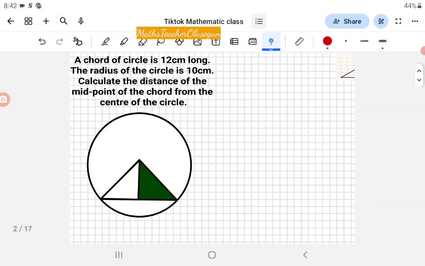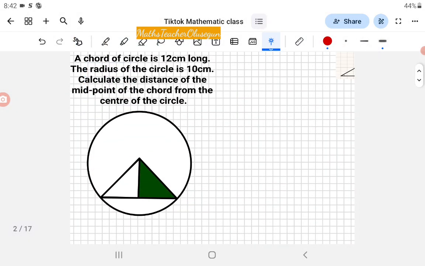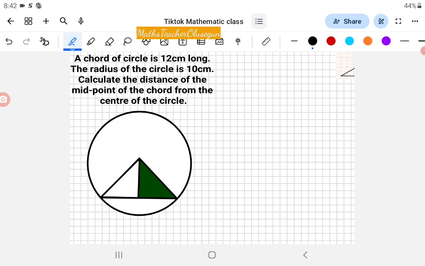In example 1, it says a chord of a circle is 12 centimeters long. Recall, what it is trying to say is that from here to here, this line is 12 centimeters long. The radius of the circle is 10 centimeters.